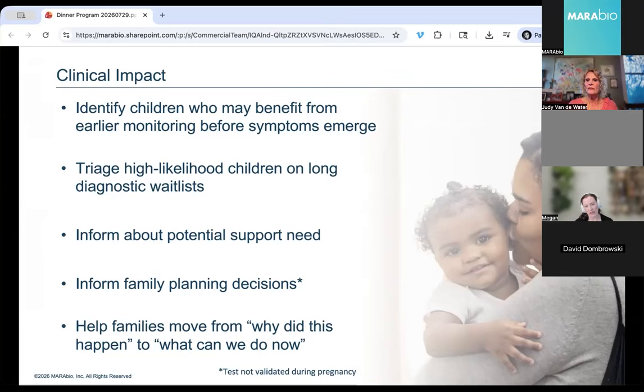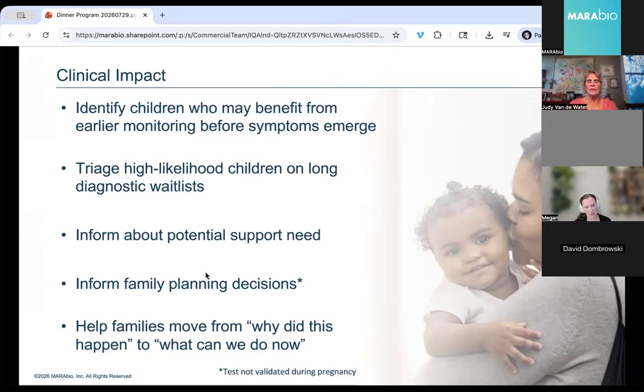Now, this is early information, and Judy can speak a little bit more towards the academic studies on this, but preliminary information does indicate that this may be higher support needs for this particular autism subtype. So knowing that, the family can potentially better prepare for what that means for the child's care and interventions.